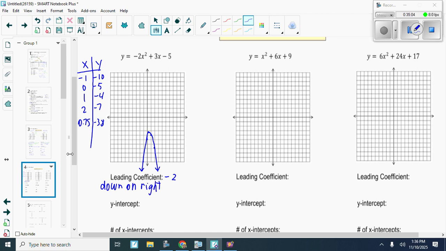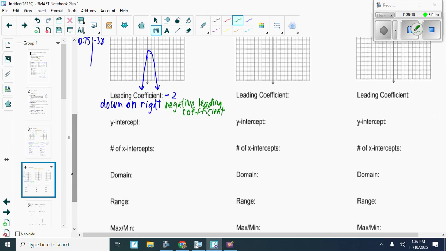Because it's a negative leading coefficient. This first day, guys, I know there's a lot of writing. It gets better. Once we have all the basics in there, it won't be quite so heavy on the writing. So it is down on the right, and it's also down on the left.